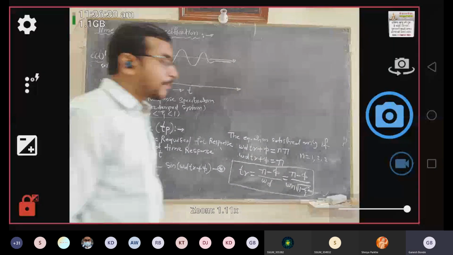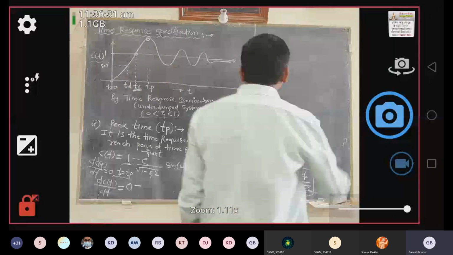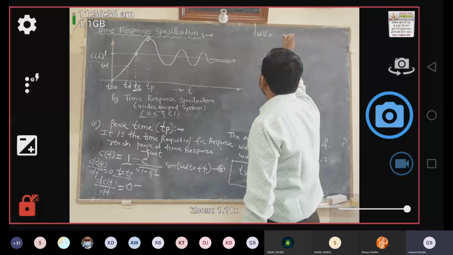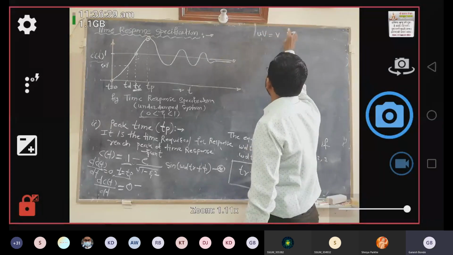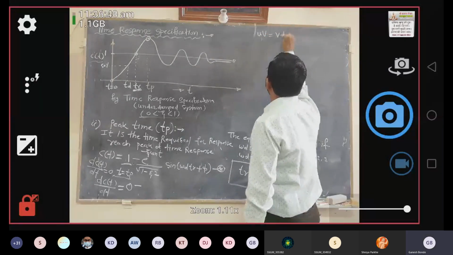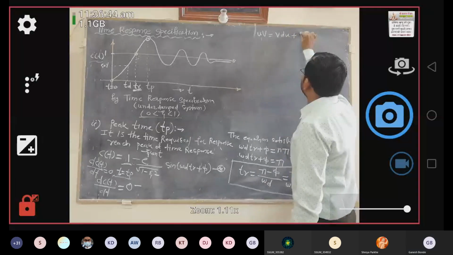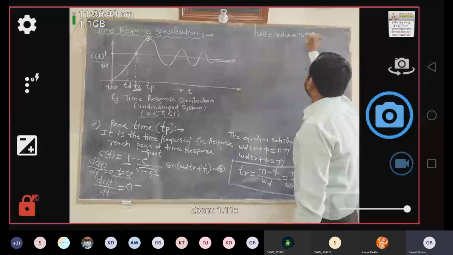So here you just apply the u into v rule. So what is that rule? v into du plus u into dv. So you just apply this rule, and you will get the derivative of this term.